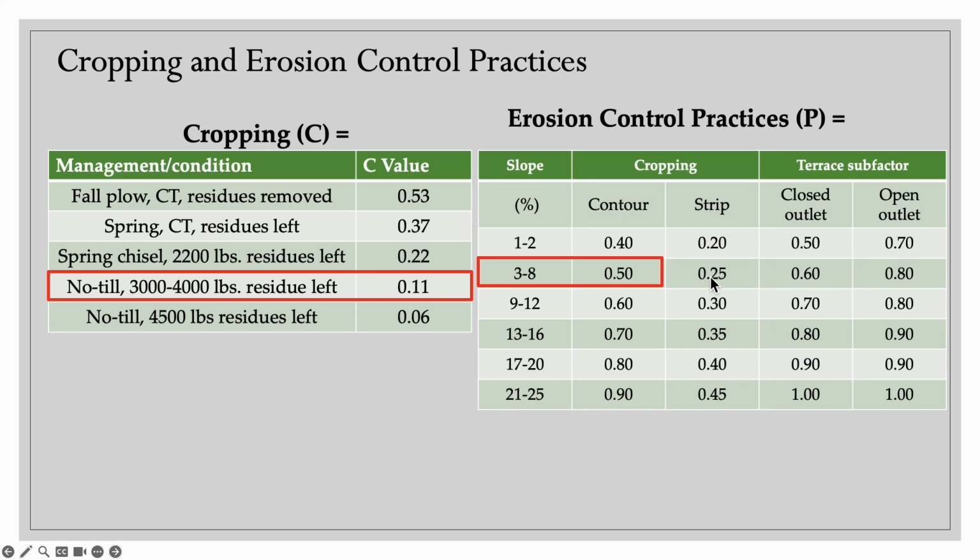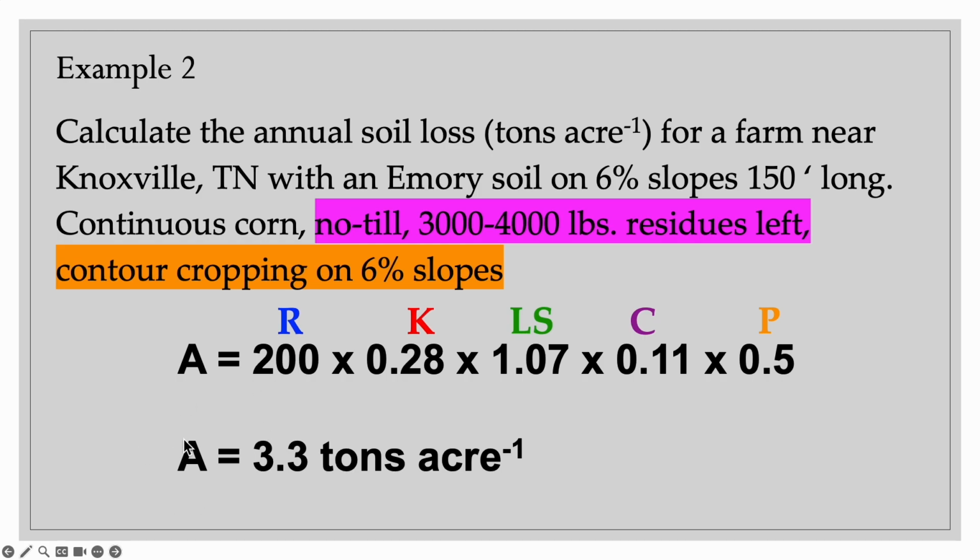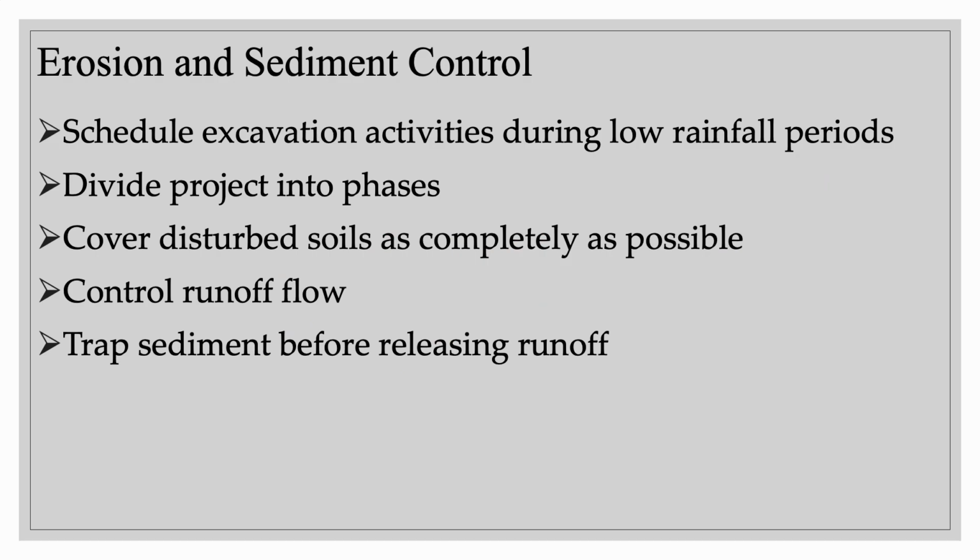We would have reduced that even more, probably down to 1.5 tons per acre. So just understanding that the C and the P values are something that we can control, and that is what's going to help reduce that A value, and A needs to be less than T so that we can keep our soils on our property.